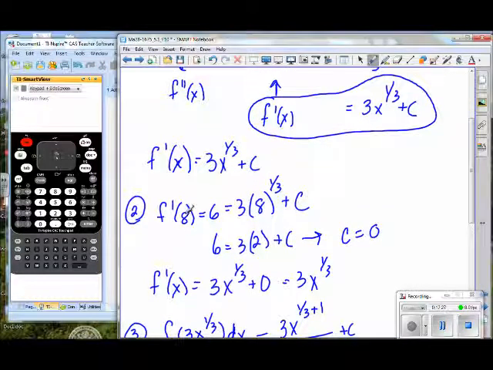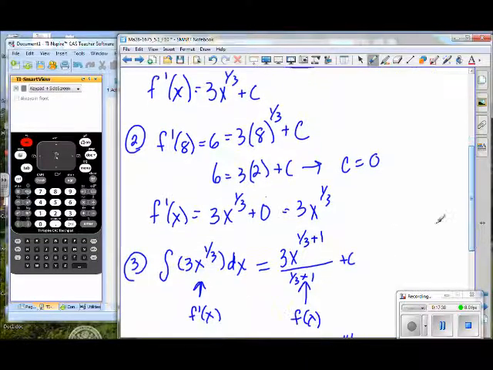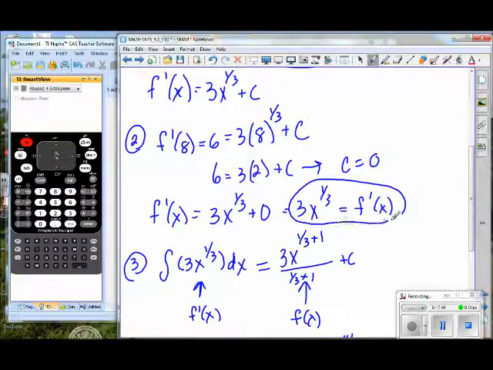So that would be 3 times 8 to the 1/3 plus c. The cube root of 8 is 2. So we end up with a constant term of 0, which means then that our first derivative is very simply stated as 3x to the 1/3 power.